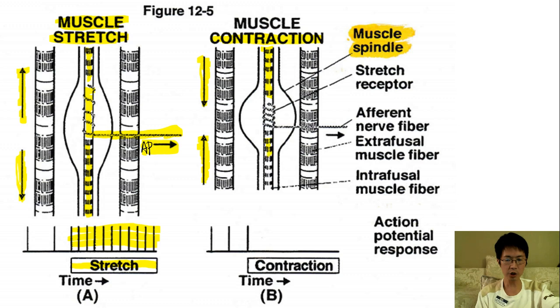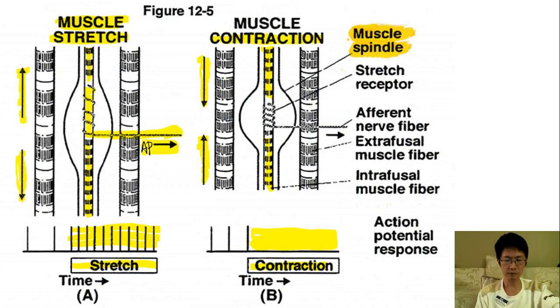Everything shortens. When it is shortened, what happens to the stretch receptor? As you can see here, contraction causes hyperpolarization. When you have hyperpolarization, it inhibits the firing of the action potential. So it decreases.